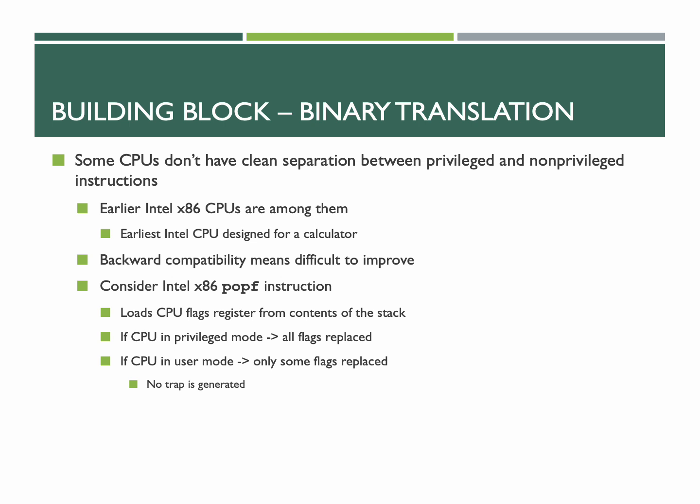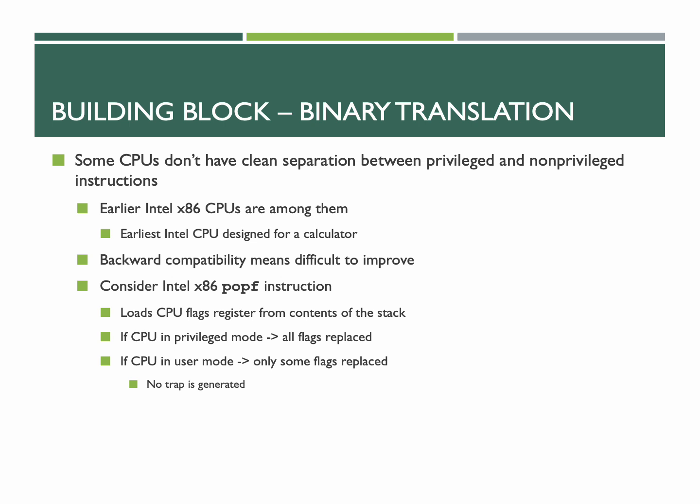This lack of separation poses challenges for implementing secure and efficient virtualization. These CPUs must maintain backward compatibility, which often complicates the introduction of enhancements aimed at better support for virtualization.